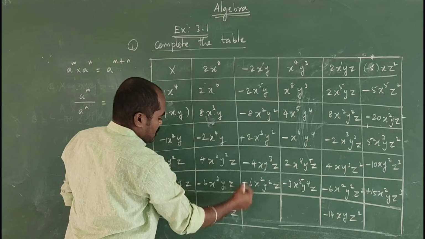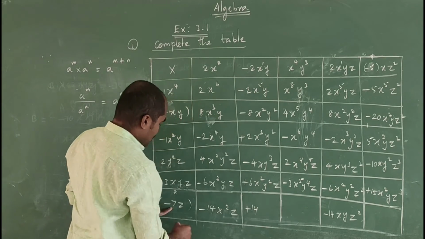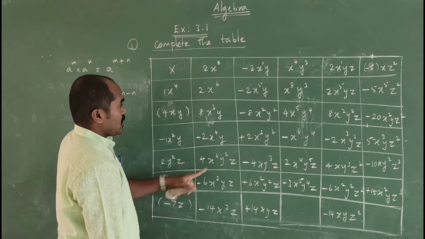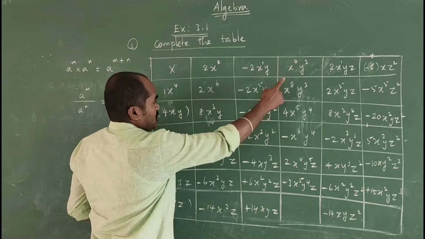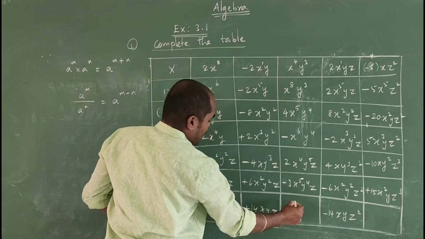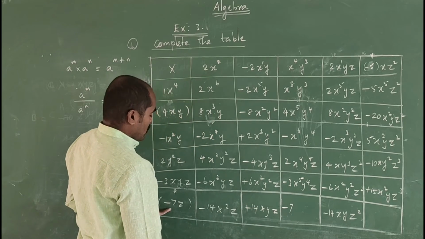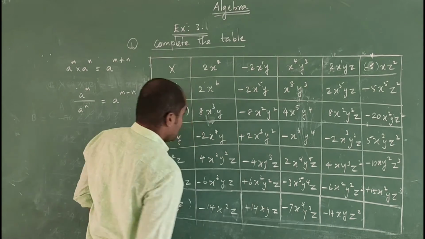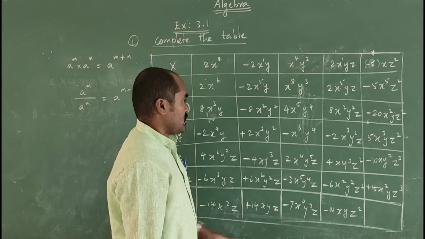So minus into minus is plus. 7 2s are 14. 14 x y z, because z into x y z. So minus 7 z into this term. Minus into plus is minus. 7 into 1, 7. So x power 4 y cube z.